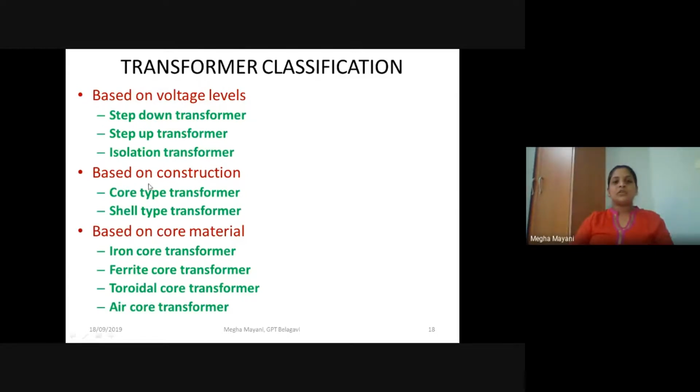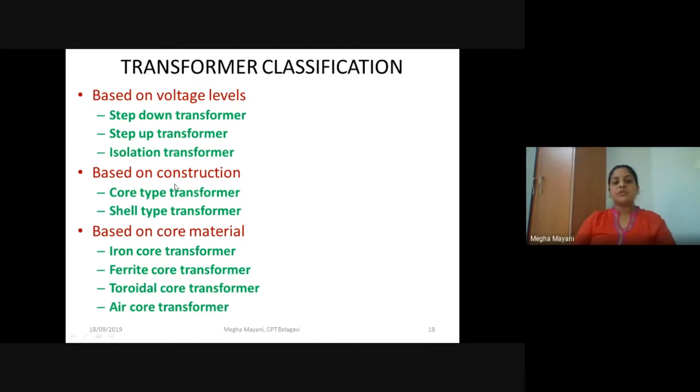Similarly, based on the voltage level, it means what voltage you are having at the primary and secondary. What is the voltage relationship between the voltages available at the primary winding and secondary winding? We can have either step down, step up, or isolation type of transformer.